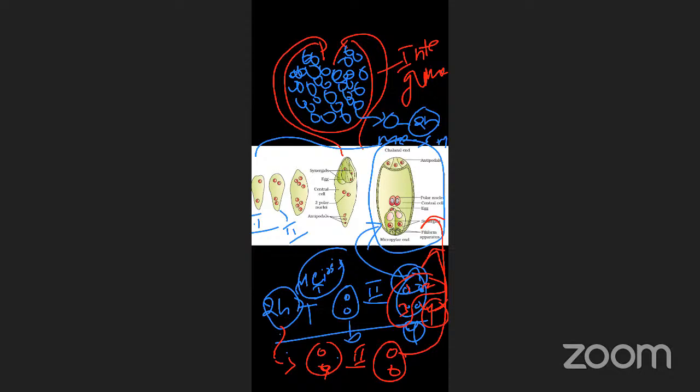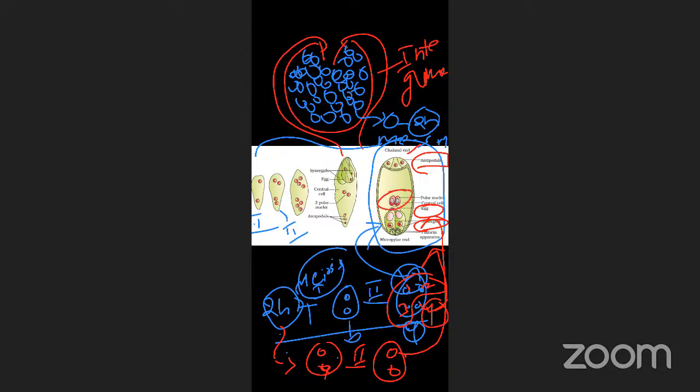Before that, when the female gametophyte embryo sac is finally formed, at the chalaza end 3 antipodal cells are formed. At the micropyle end, the 2 synergids and the egg or female gamete develop. Synergids develop on either side, and in the middle the polar nuclei form.